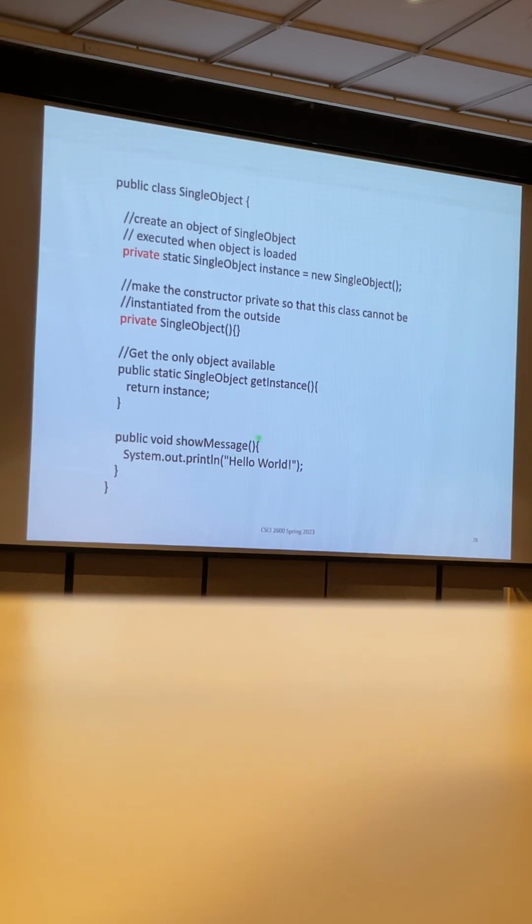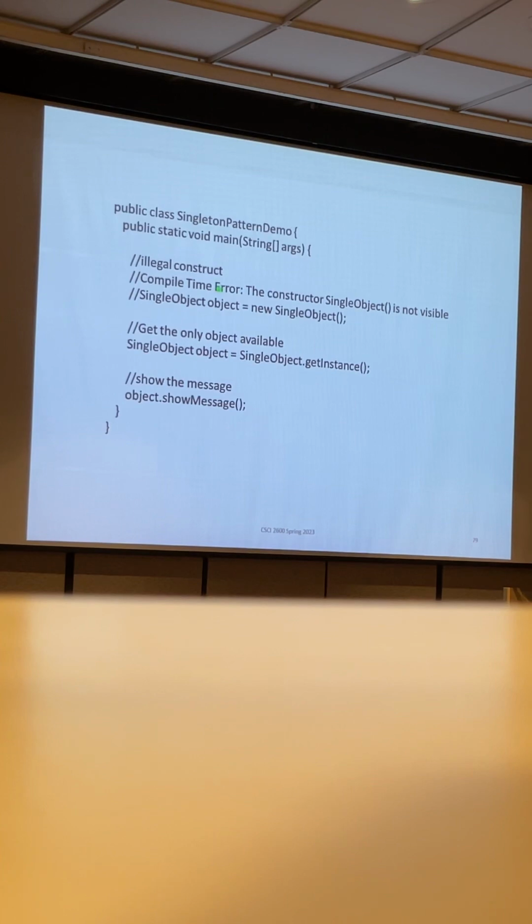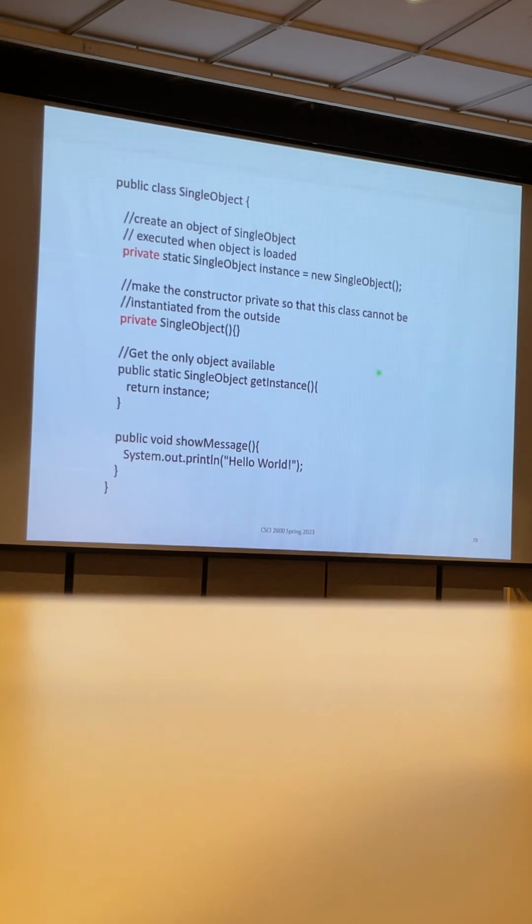And then we just call getInstance, which, as you can see, returns an instance. So here is the driver code. We create a new SingleObject, and then we call getInstance on that SingleObject to get that single object that is ever available. Note how this example is slightly different from the previous one.